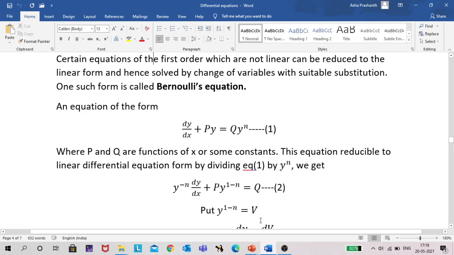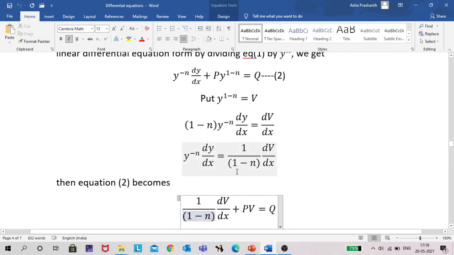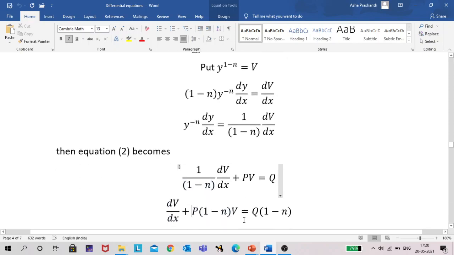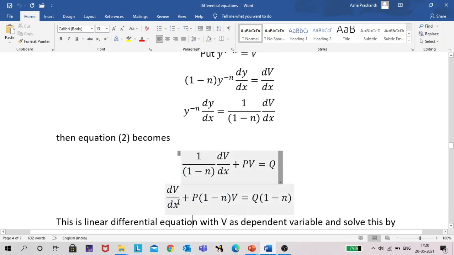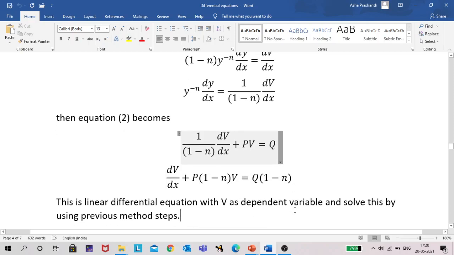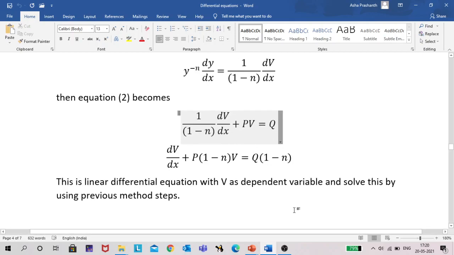Then you differentiate this, and replace the first term by what we have taken for v. Then we get a standard linear form. After getting this equation we go for finding the solution. As usual, first we find the integral factor, after that the general solution.